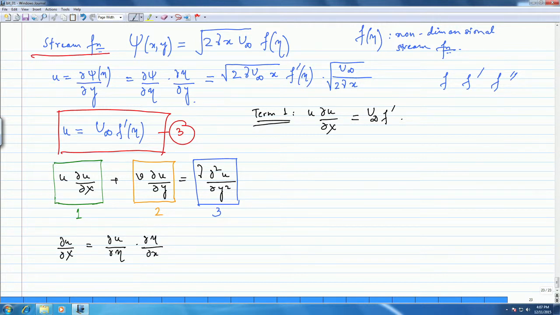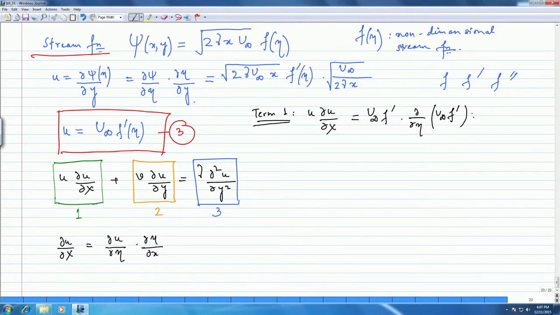So I will write this as del del eta of u, where u again is u infinity f dash, times del eta del x.